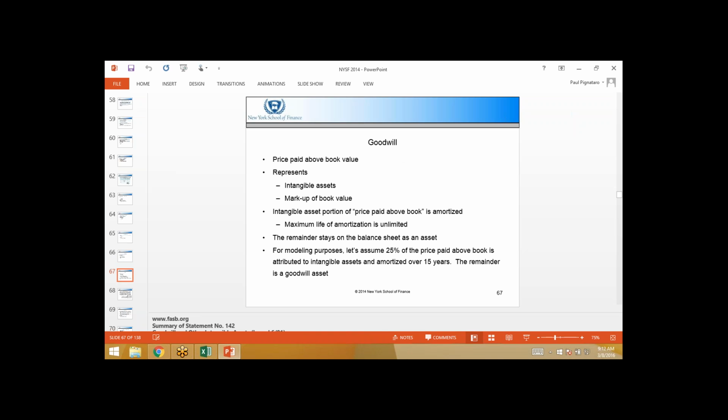Goodwill is the price that you paid that's greater than shareholders' equity. Why would you pay more than what's been stated as shareholders' equity on the book value? Well, we talked about this a lot, but I'm just recapping so we can get to the model. It's because the market cap, the stock's equity, trades at a premium. Why does it trade at a premium? Let me ask you that.